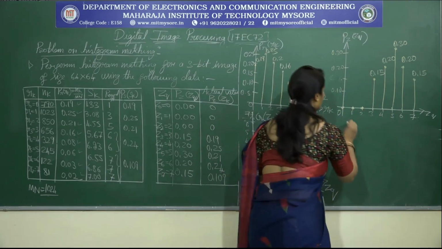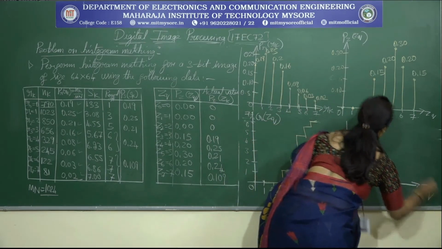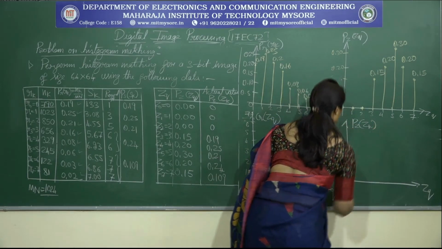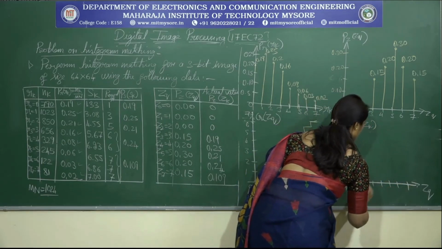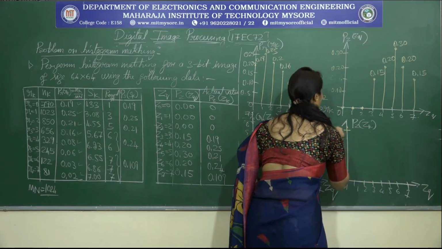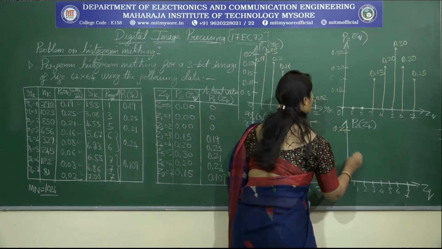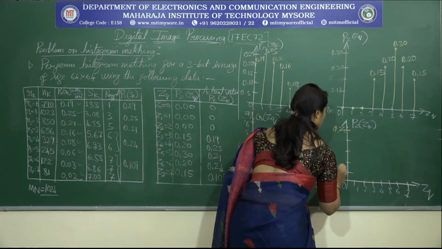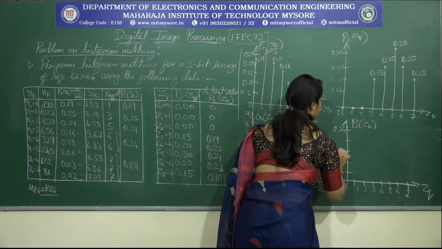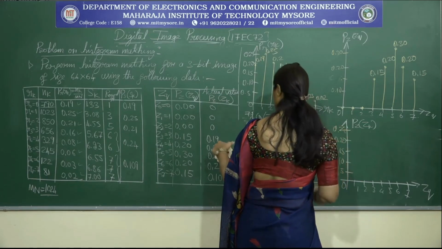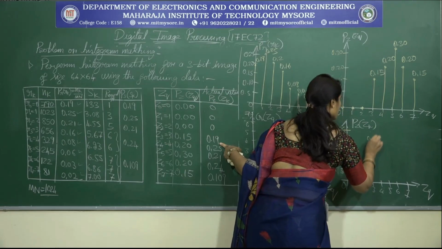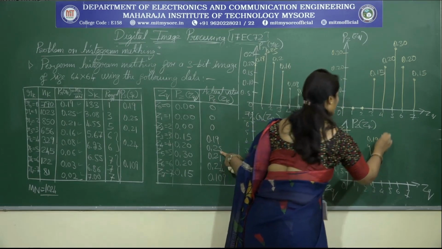So here you need to plot the graph of zq versus Pz of zk. So 0, 1, 2, 3, 4, 5, 6, 7. So this is equal to 0.25, 0.5, 0.10, 0.15, 0.20. So for 3 it is 0.19. For 4 it is 0.25.